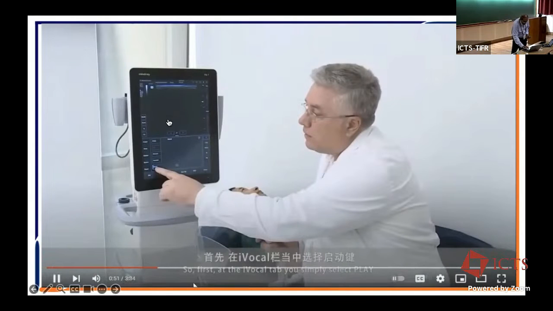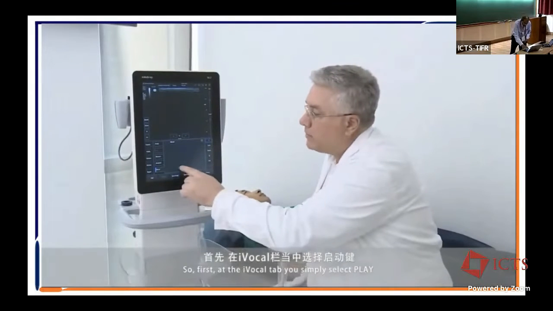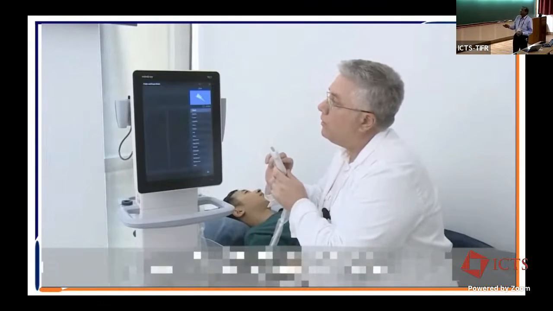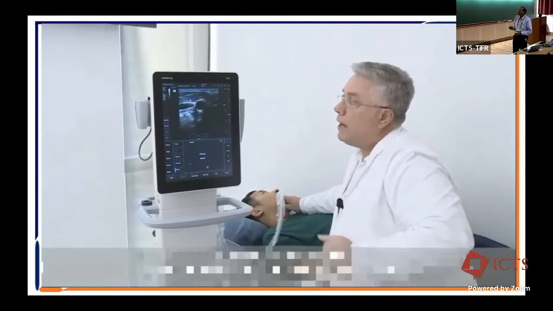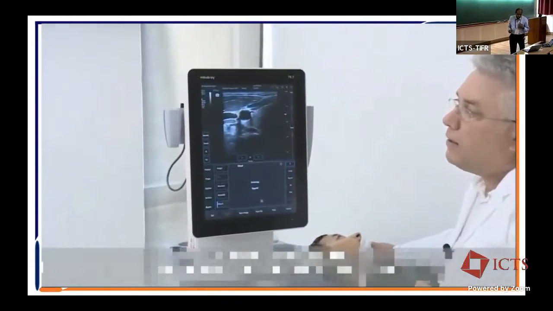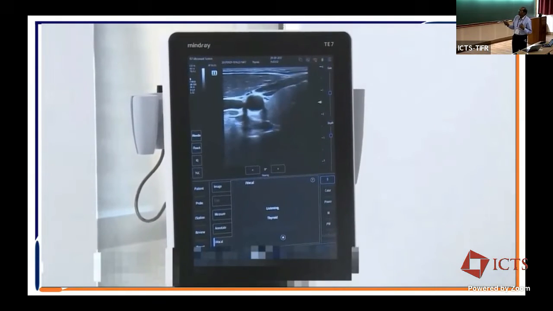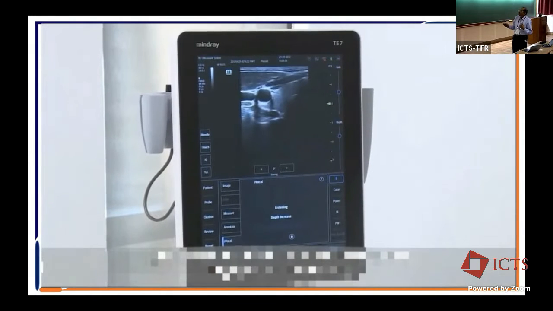This small video is going to tell you about the machine. Probe, thyroid. He's talking to the machine. Now I'm just going to start scanning the patient's thyroid. He's going to say, depth increase. Depth increase.